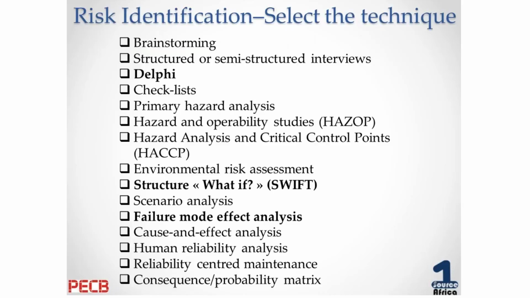Structured and semi-structured interviews goes a lot into the direction of workshopping. Now, however, although that is a tool to be utilized, it should not be the only tool in your arsenal for risk identification. The next one is the Delphi method.